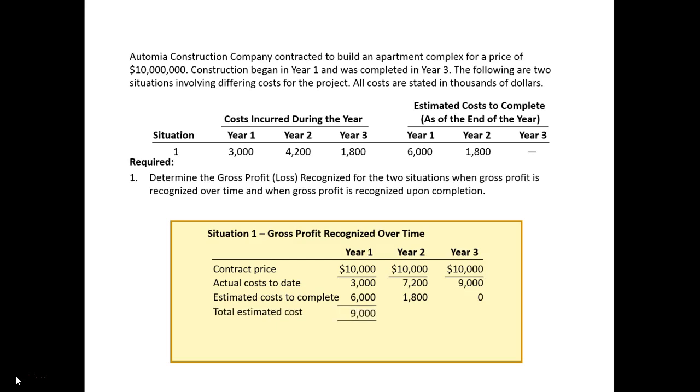So our total estimated costs in year 1 are $9 million, in year 2 are also $9 million, along with year 3. So the estimated gross profit shows $1 million in year 1, $1 million in year 2, and $1 million in year 3.